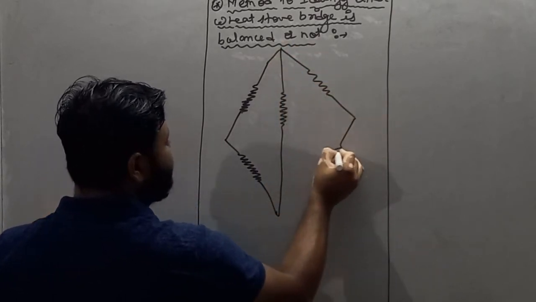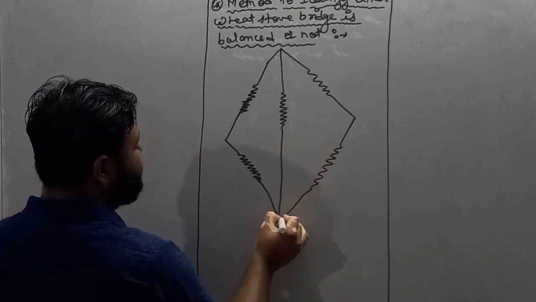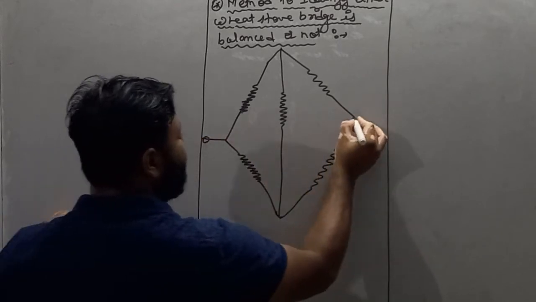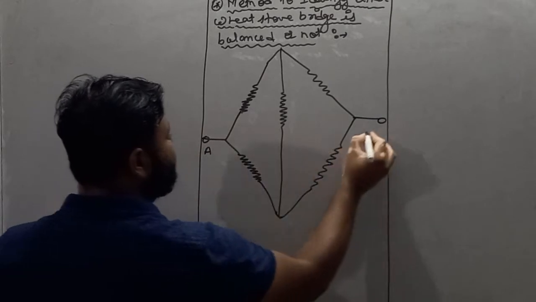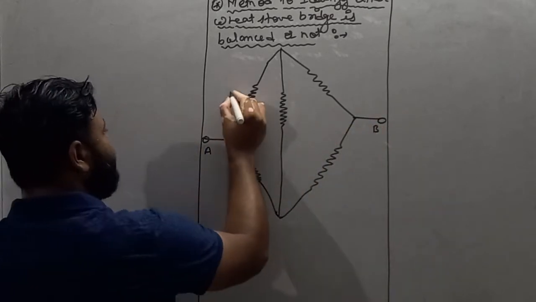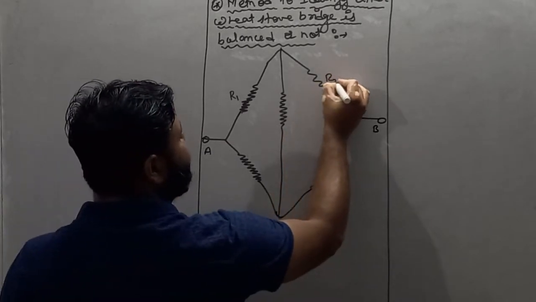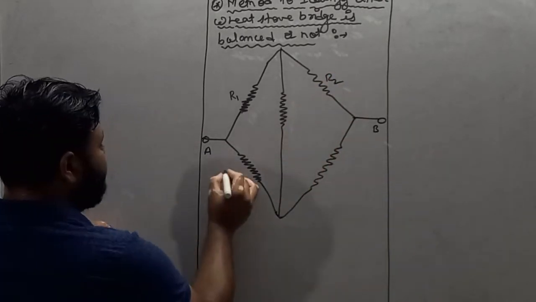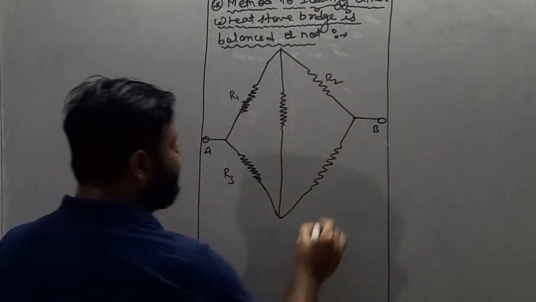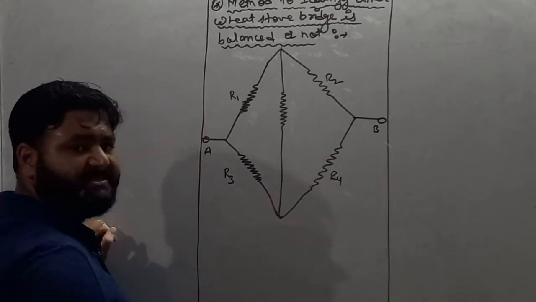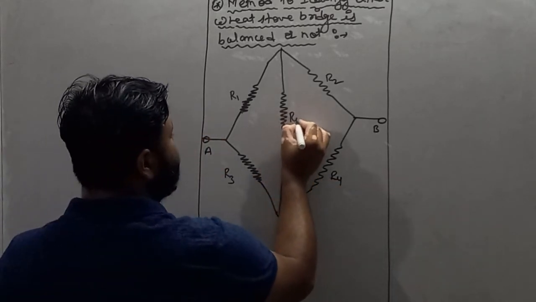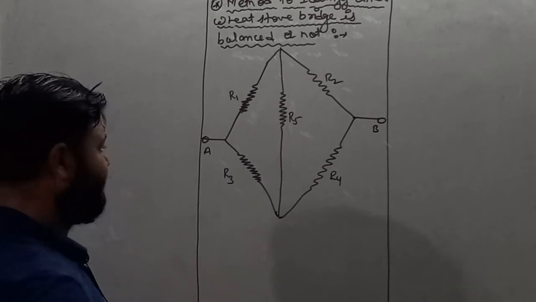If 5 resistors are there, then we can say the combination of resistors is nothing but a Wheatstone bridge. So let's suppose this resistor is of resistance R1, this resistor is R2, this resistor is R3, this resistor is R4, and this resistor is R5.